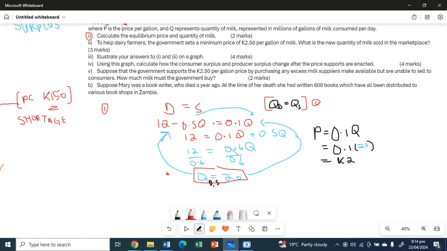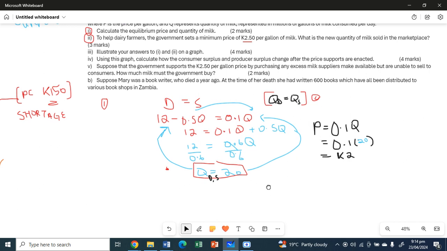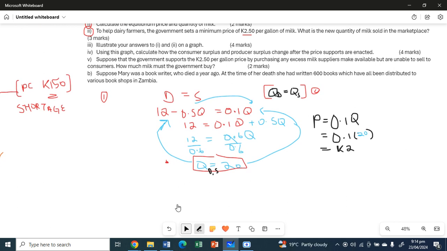All right, so we are on part two. They're saying to help dairy farmers, the government sets a minimum price of 2 kwacha 50 ngwe per gallon of milk. What is the new quantity of milk sold in the marketplace? We just get that 2.5 kwacha, put it in our supply function, so that we can get the quantity supplied at this price.